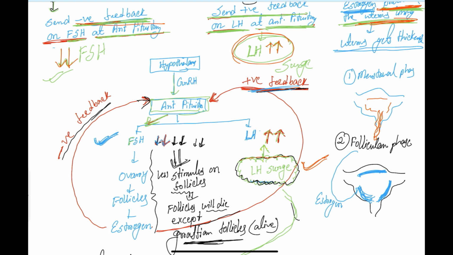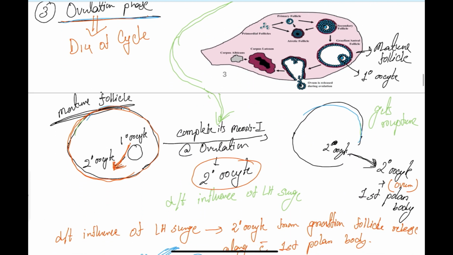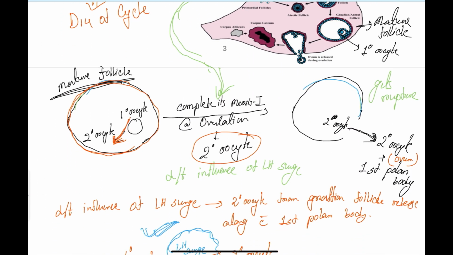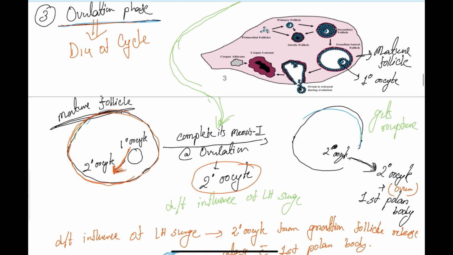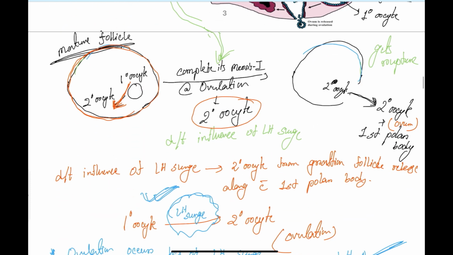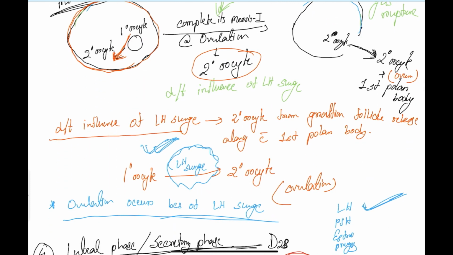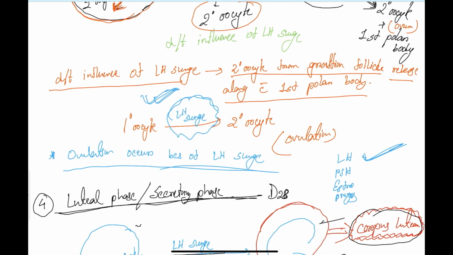Due to this triggering effect of the LH surge, the mature follicle ruptures and the secondary oocyte is released along with the first polar body. We call it the ovulation phase.